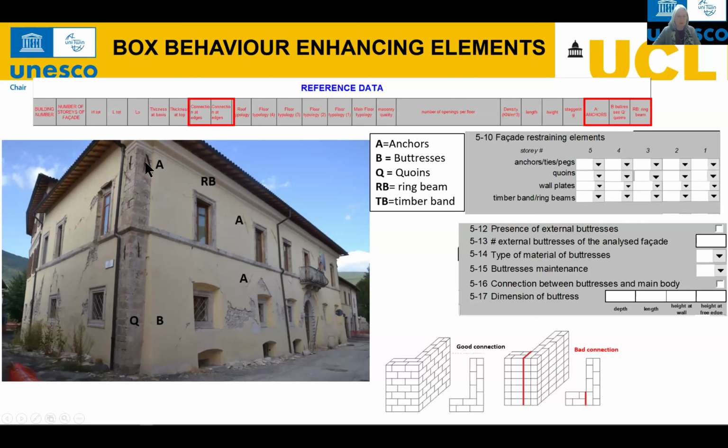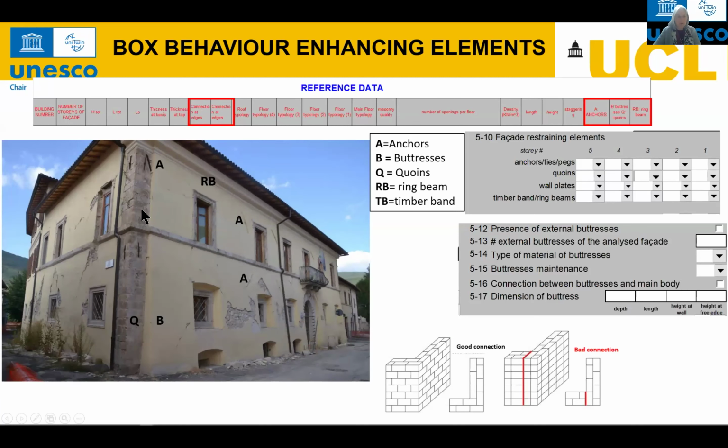We can start from the ties or anchors, as you can see here, but also along the wall here, which tie together the wall to internal walls, party walls, but also in this case to floor elements here, and to party walls possibly above here.